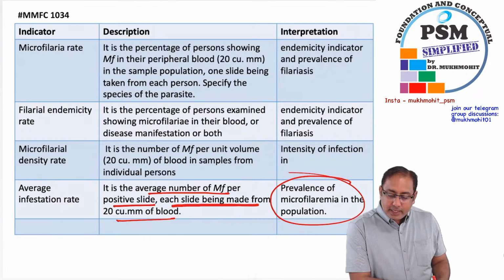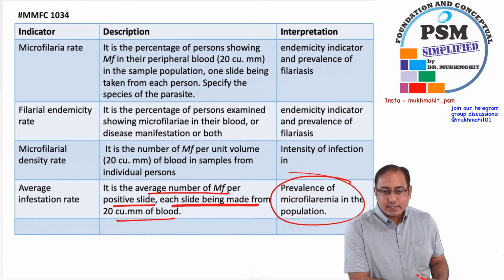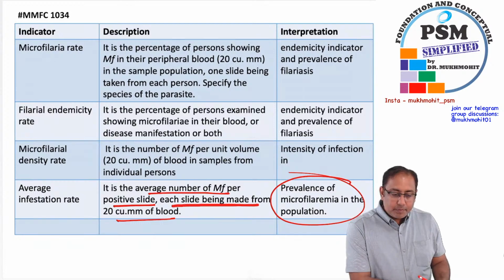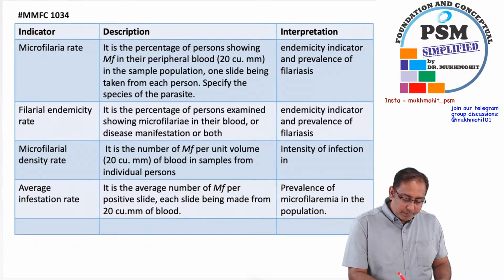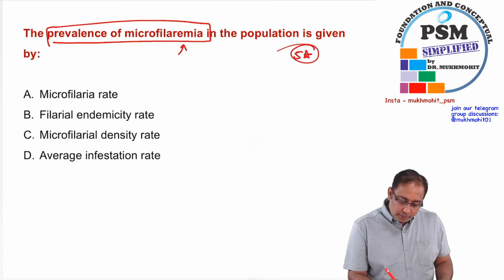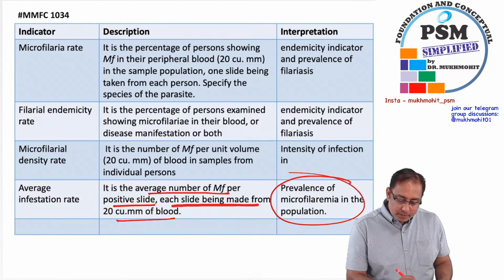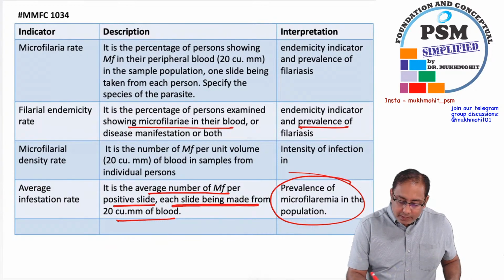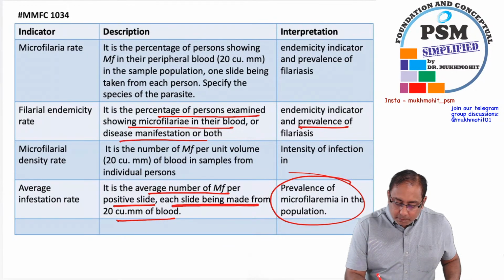Microfilaria rate, it is endemicity indicators. It tells us how much is the prevalence of filariasis. Endemicity indicator and prevalence of filariasis, microfilaria rate. So microfilaria rate, filarial endemicity rate, prevalence of microfilaria or disease, both.